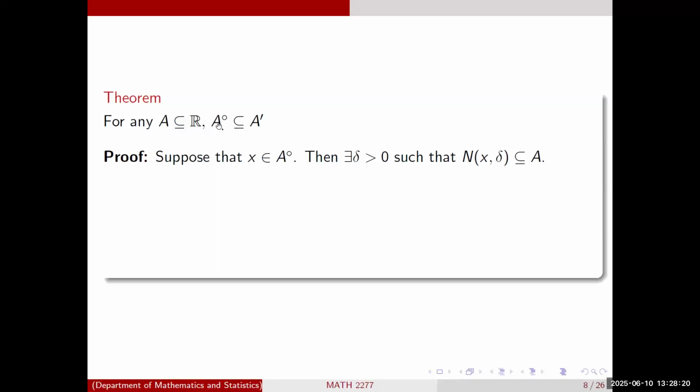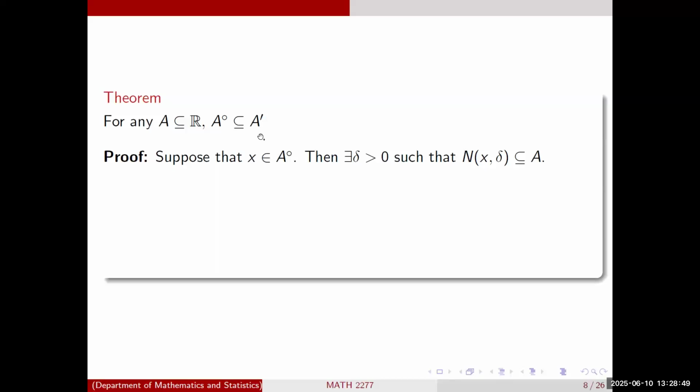A with a little circle. This is the interior. There's a relationship between the interior of A and the limit points of A, and that is every interior point is a limit point, or the interior of A belongs to the derived set.